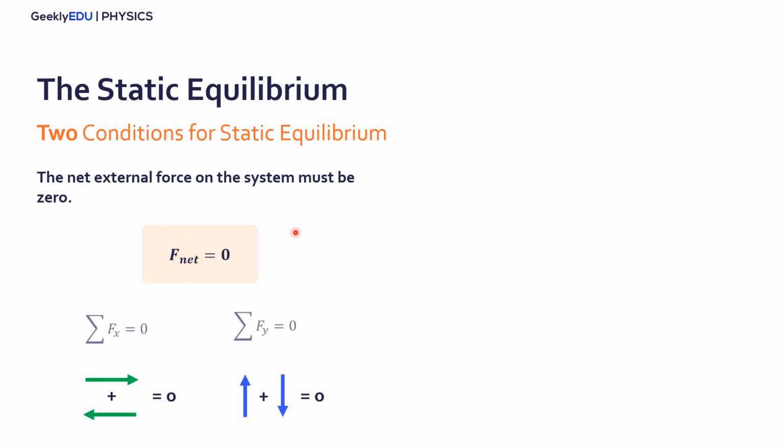The second condition for static equilibrium has to do with torque. It says that the net external torque on a system must be zero.